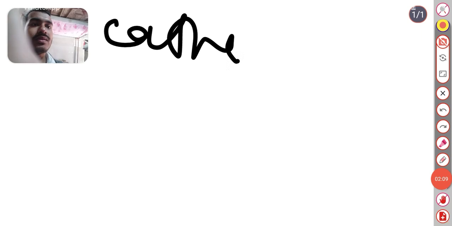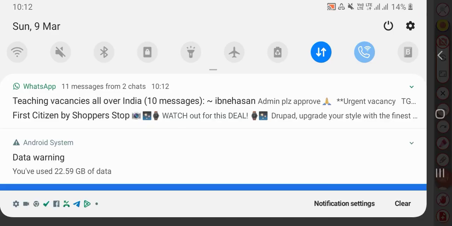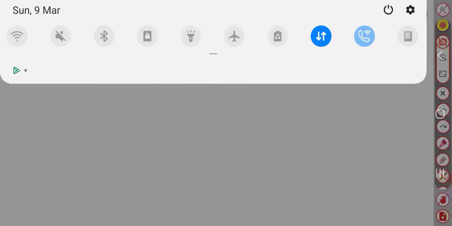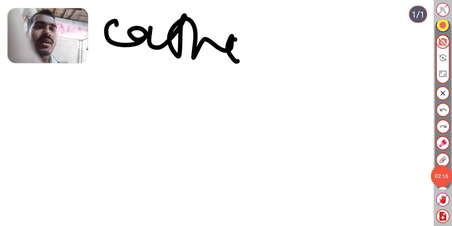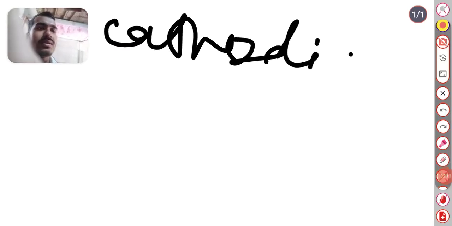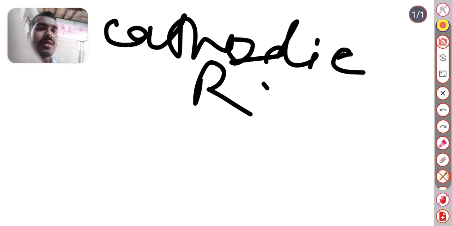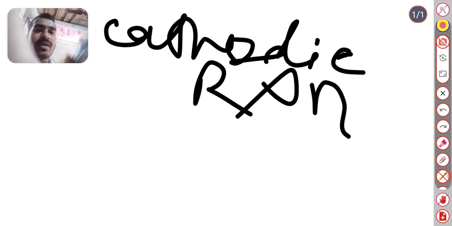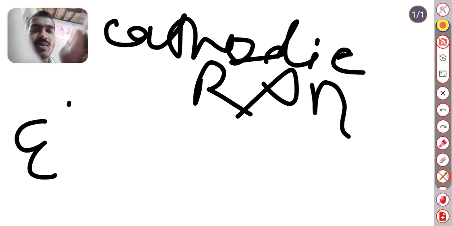And the next will be the cathodic reaction. Okay, anodic reaction, and that will be the cathodic reaction. That will be the E naught cell value.